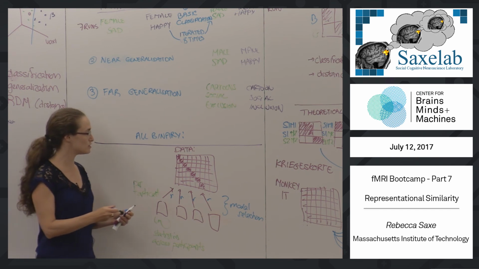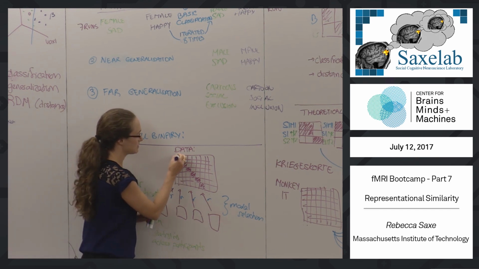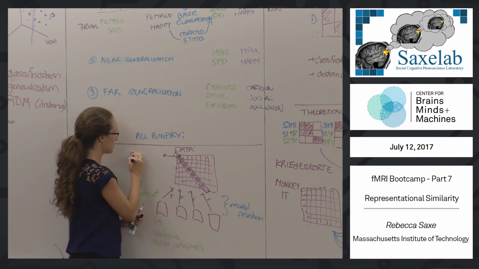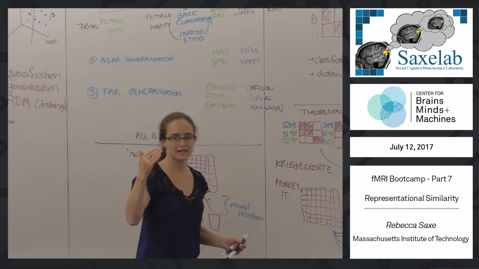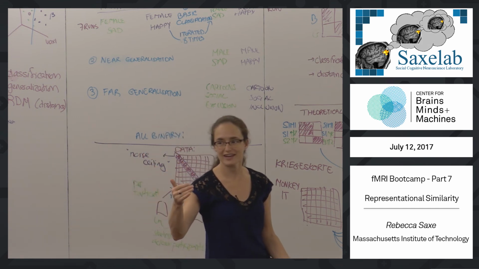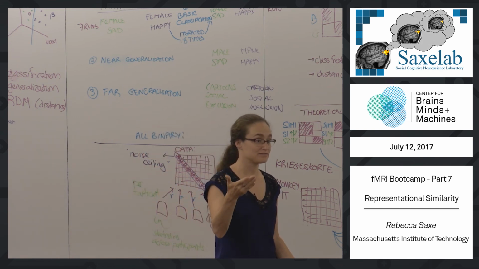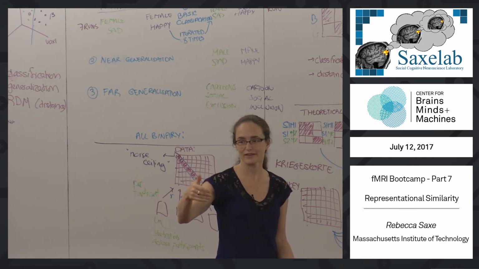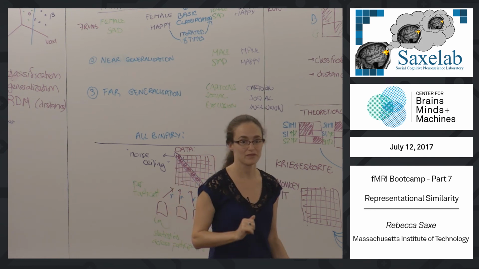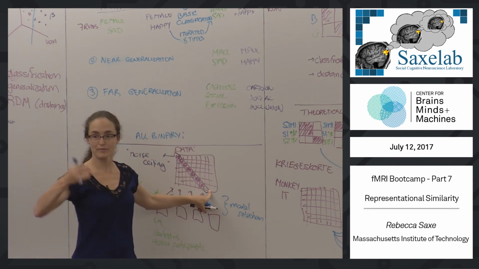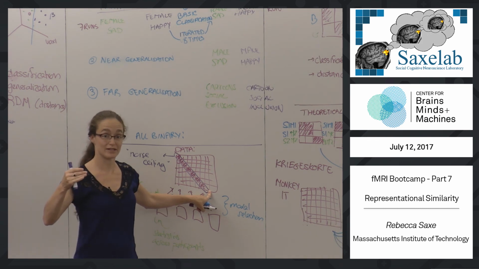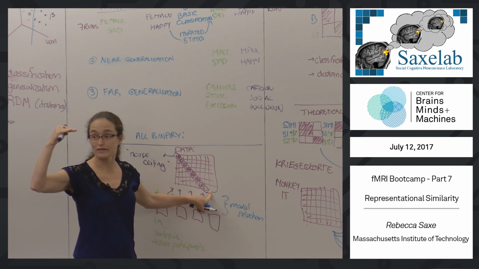One thing you can do is use that to set what is sometimes called the noise ceiling, which is that you can only explain as much variance in your data as is signal. You can't explain the noise because it's not replicable. So we can use the diagonal as an estimate of how replicable the patterns are in this data, full stop, the test-retest reliability of the data, and say that's as much as we could possibly explain.